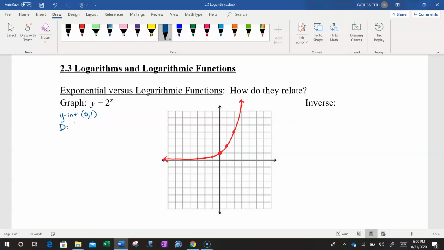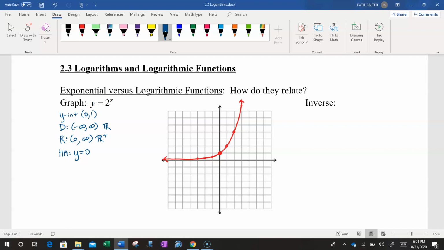The domain is all real numbers, and we can also write that using the real number system symbol. The range is from 0 to infinity, not including 0, so the range is all positive real numbers. It has a horizontal asymptote at y equals 0.